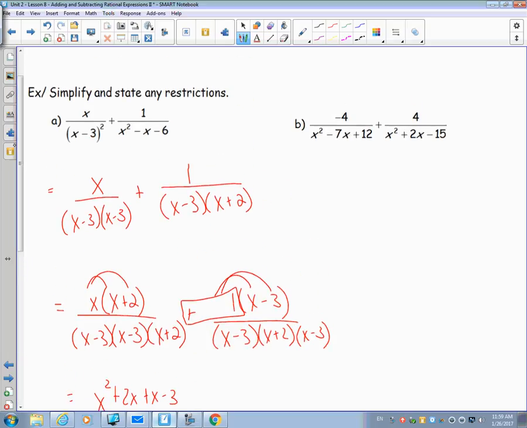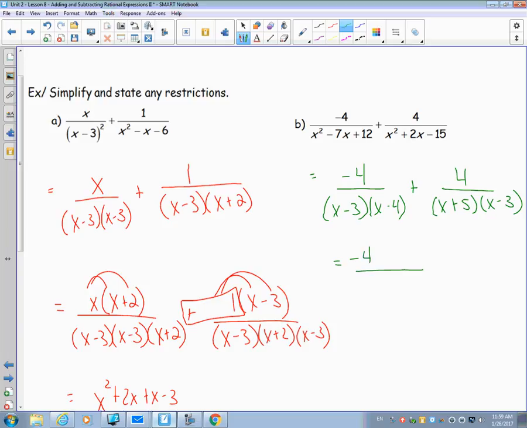Take the idea and see if you can try the next one. Right now, I can't see any common denominators. But if I factor a simple trinomial on the left, and I factor a different simple trinomial on the right, I notice that they have some of the same parts. But they also have some different parts.